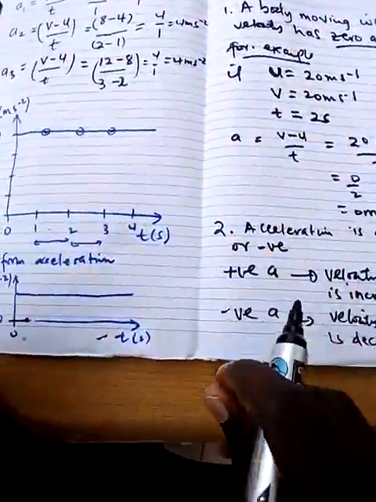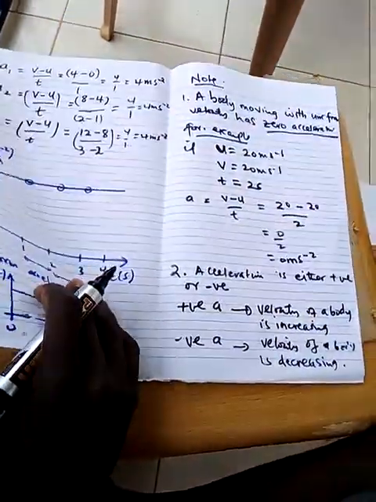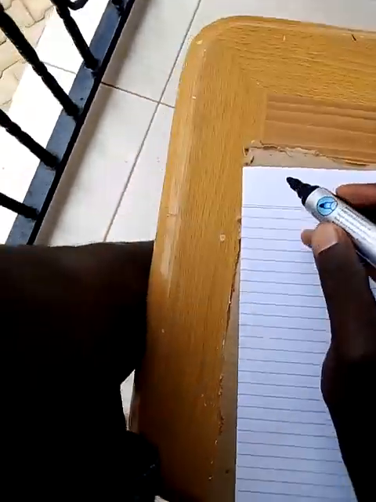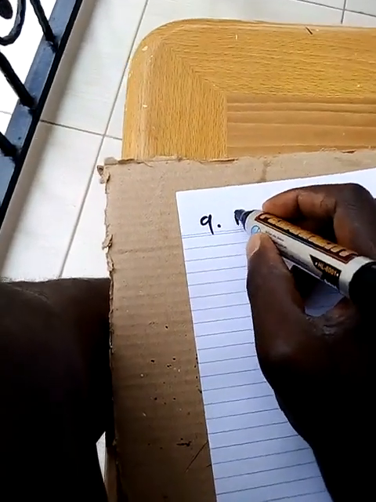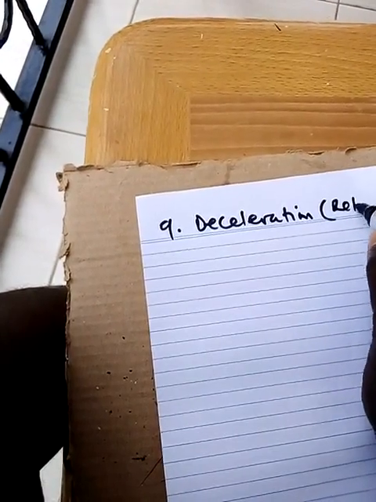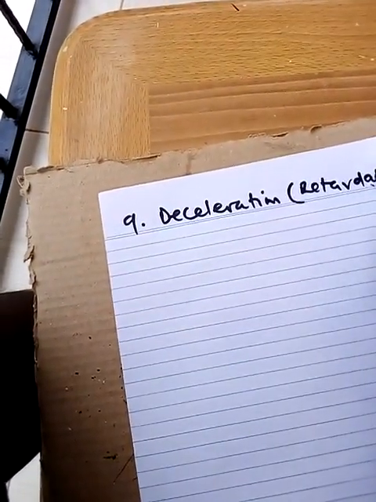And for that matter, it takes us to another term used in motion. I think that is term number 9, if I'm not mistaken. You can remind me, guys, but I think it should be term number 9. Term number 9 is deceleration or retardation.